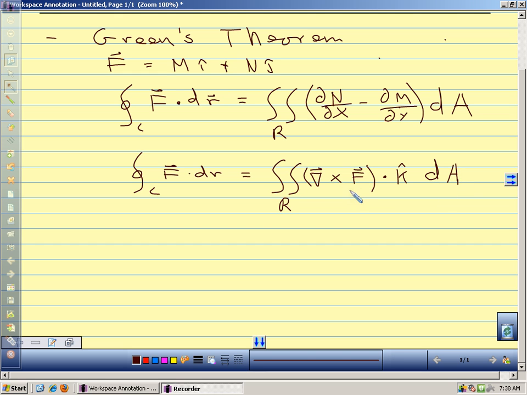Here we represented F as Mi + Nj + 0k, so we could do a cross product. This told us that the integral of the tangential component of F around the boundary equals the integral of the normal component of the curl over our region.